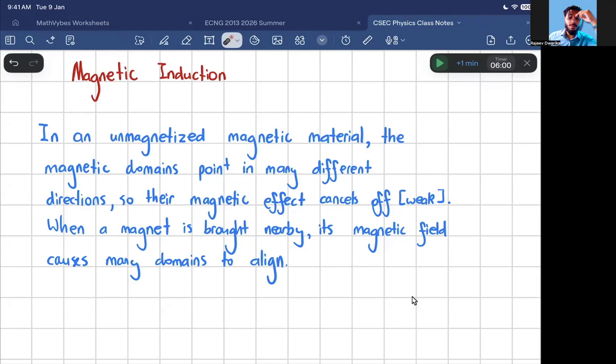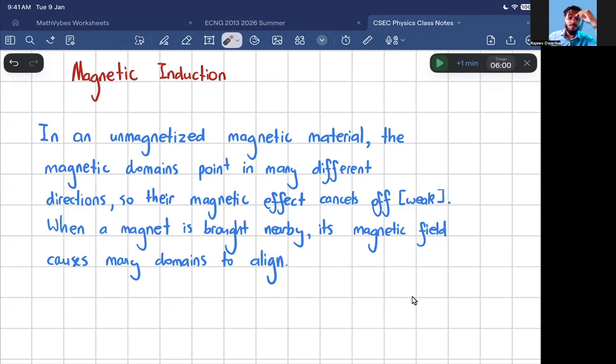Normally the magnetic domains point in many different directions. Jadon, if the magnetic domains point in many different directions, what happens to the magnetic strength? It will be weak, right? But if I bring a magnet nearby, the magnet has magnetic field lines, and the magnetic field lines cause those magnetic domains to align.